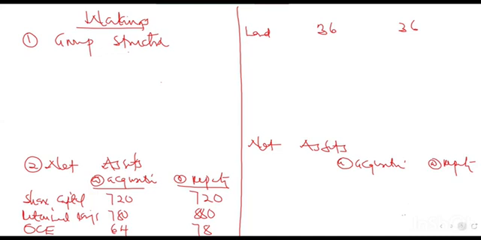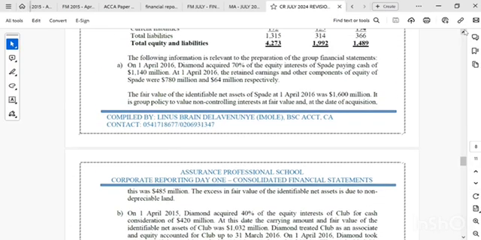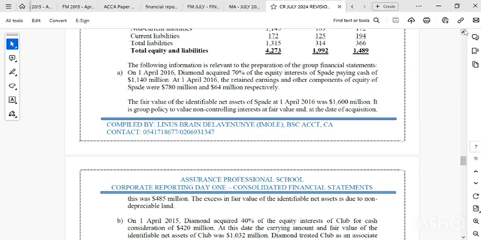So let's come to, I'm sure that from the holding footnotes, you can get a group structure there. You can get a purchase consideration, the net assets. You can also get the NCI. Yesterday I said that the maximum number of ticks that you'll be getting to have all the 20 marks is like 80 ticks.